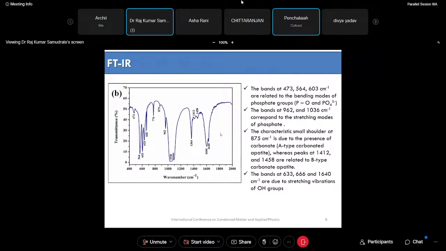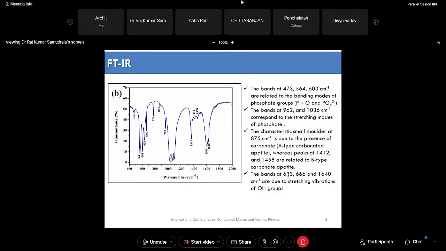From the FTIR results, the bands at 473, 564 and 603 are related to PO bending bonds, and the bands at 962 and 1063 are stretching bonds of phosphate groups. The shoulder at 875 and the peaks at 1412 and 1458 are related to carbonate type. 875 is A-type carbonated apatite, and 1412 is B-type carbonated apatite.